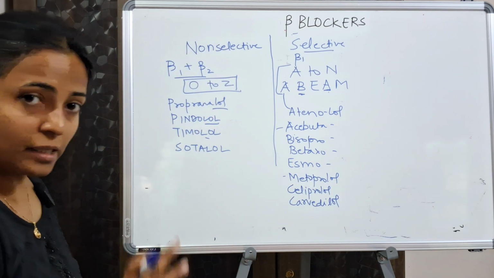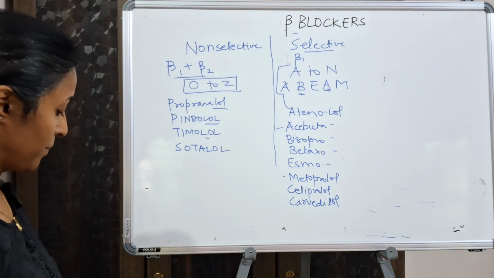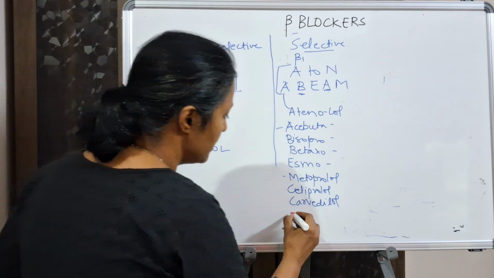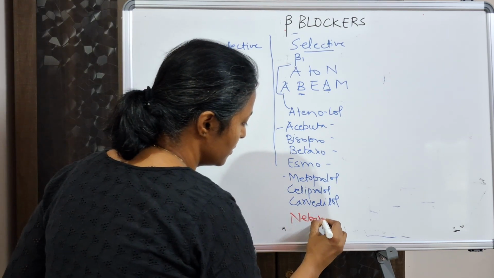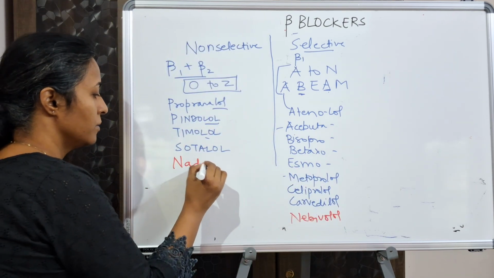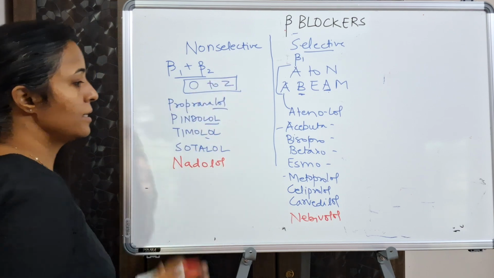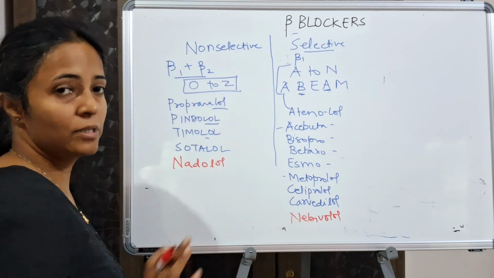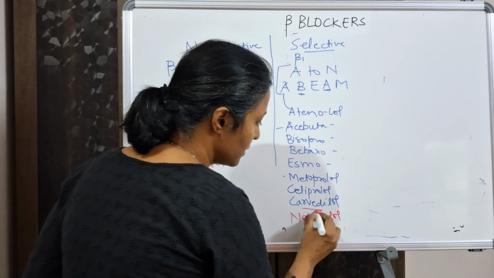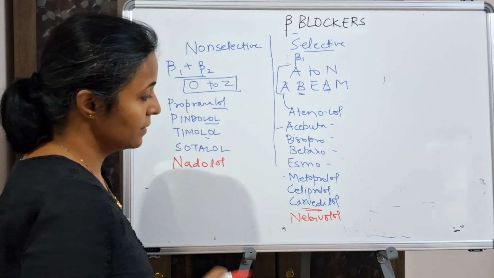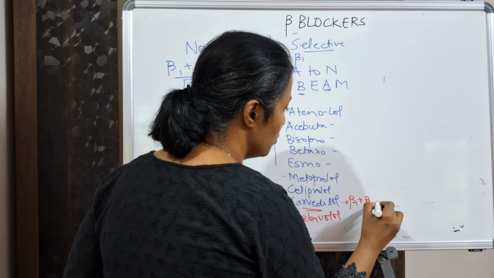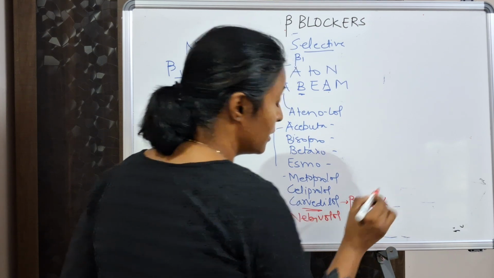Now there are certain exceptions in this that you need to remember. One, N I have written here. So there is nebivolol. Okay, nebivolol. But one N here also comes, nadolol. Okay, nadolol is here. Nebivolol is in cardio selective. Okay, now other exceptions, this carvedilol. Carvedilol is cardio selective, but in actuality it has beta 1 plus beta 2 plus alpha blocker activity.